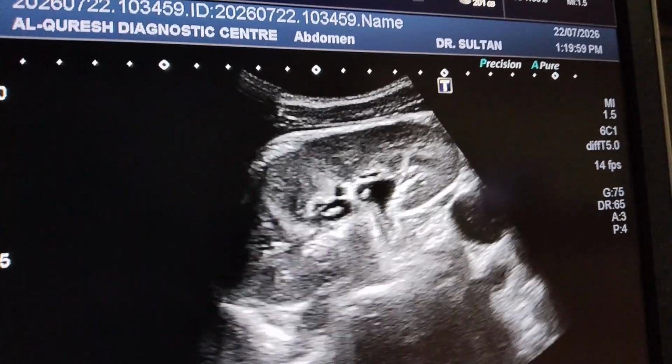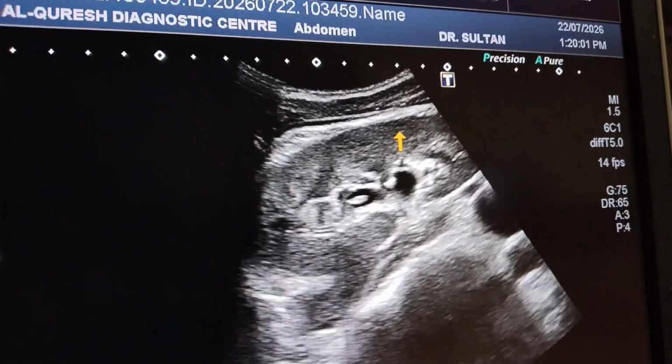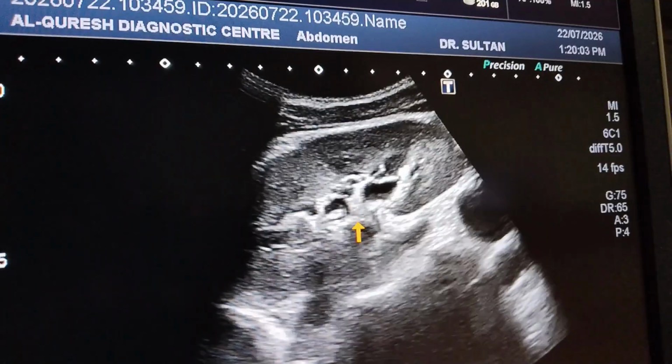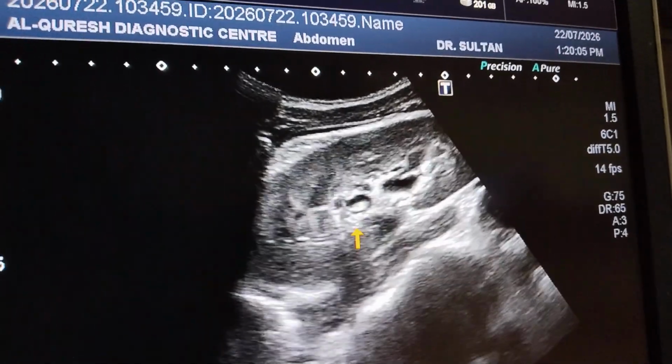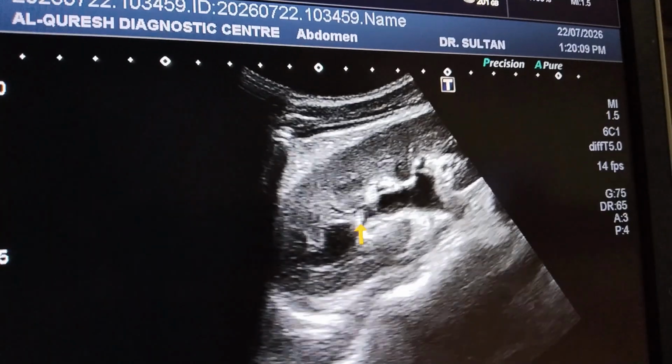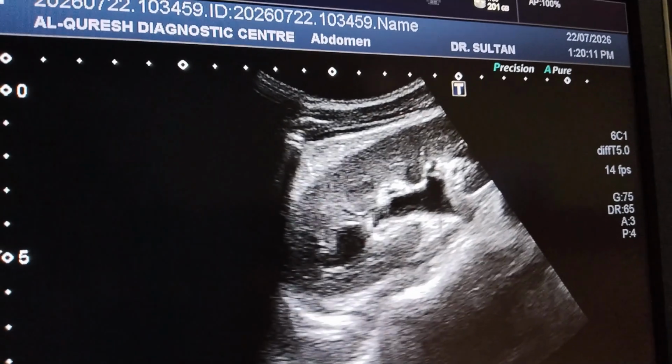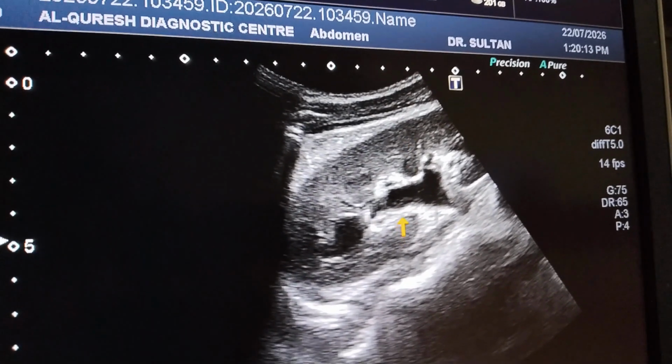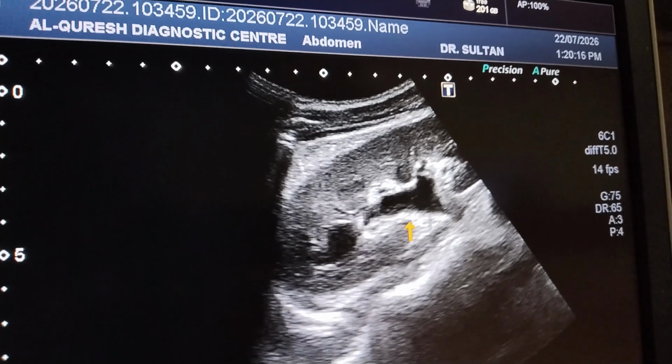if there is sinus fat, look here, this is sinus fat, this is the sinus fat.